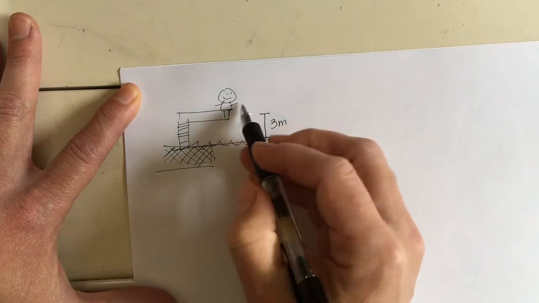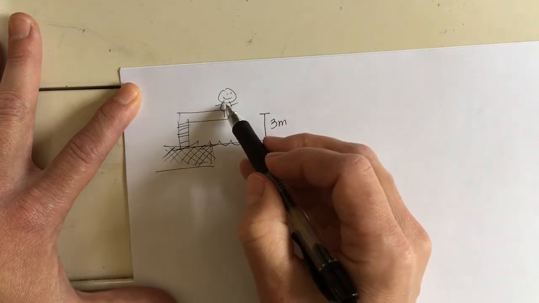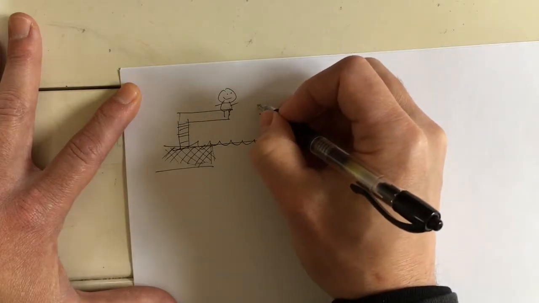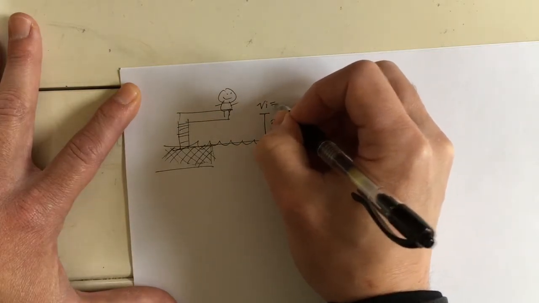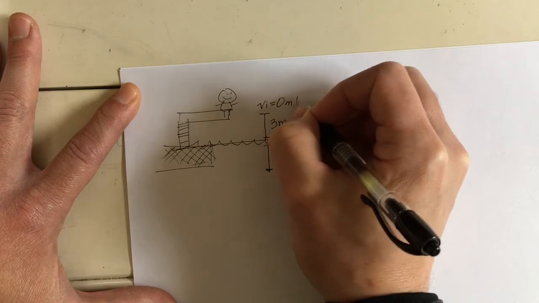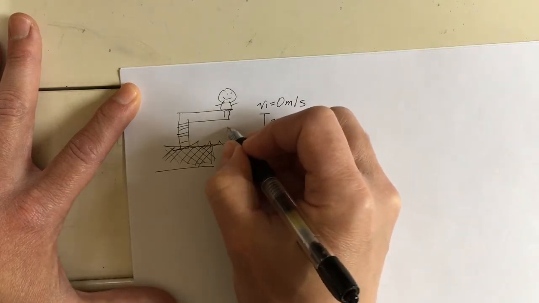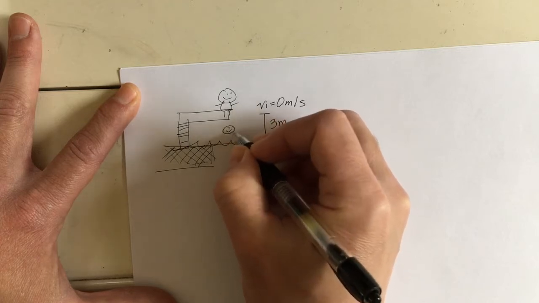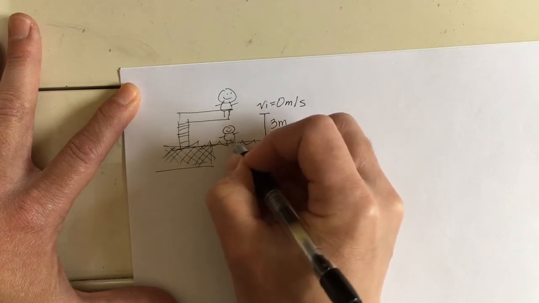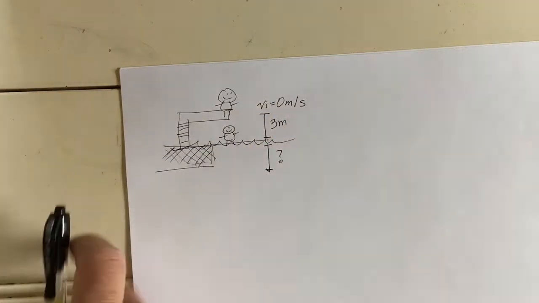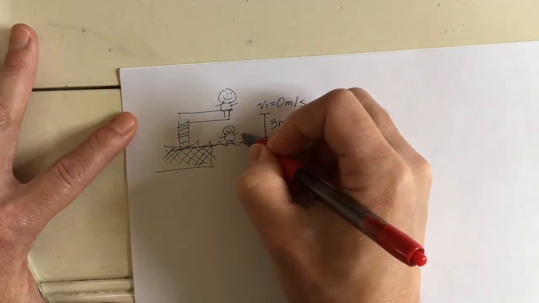So it says that the man drops from rest. So the initial velocity right here is going to equal 0. Then they're going to have some final velocity right here, which is going to point downwards.